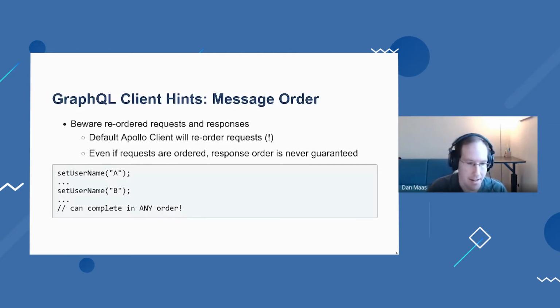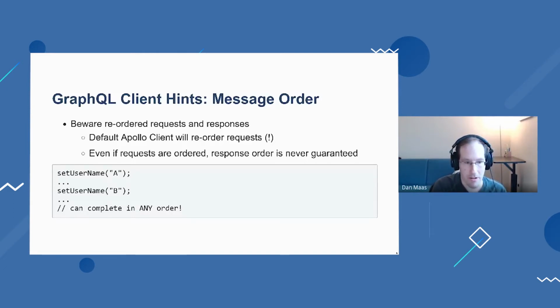There's an extension to the Apollo client that you can use that will serialize requests on the client side. But even if they're serialized on the client side, there's no guarantee about the server processing. So your set username A could go out on the network first, but it could take a while to process. And in the meantime, your set username B goes out and the response comes back, and then the response to set username A comes back.